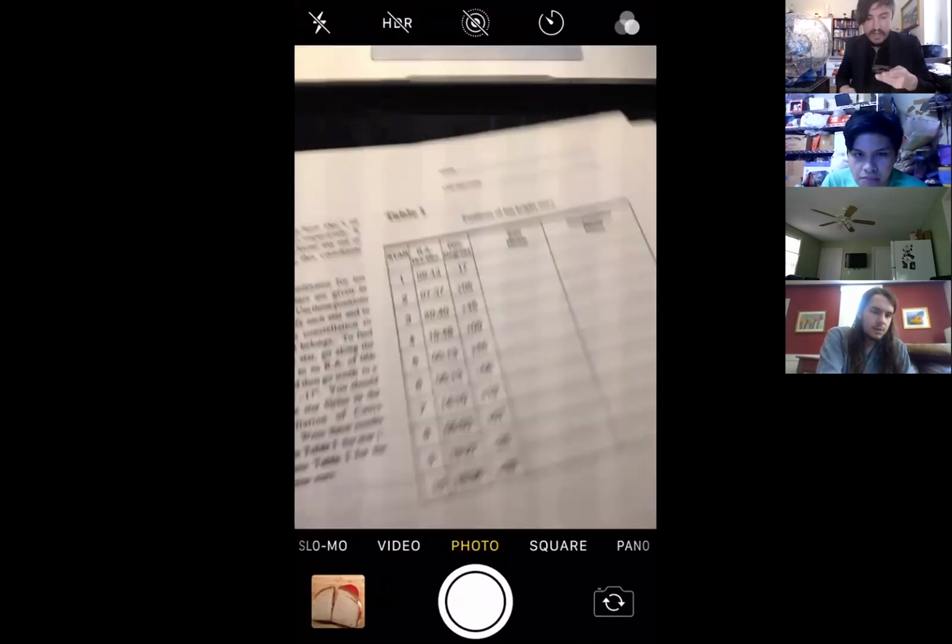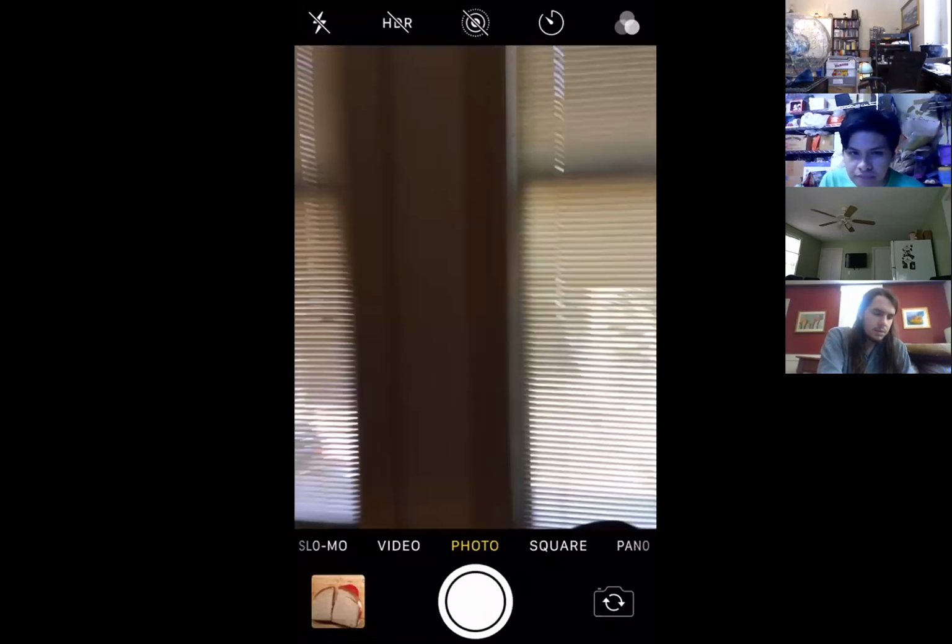Let's go to my phone and let's take a look. This is how we're going to navigate through our lab here today. You can see I've got the celestial sphere set up. I probably need to work on my illumination a little bit because it's a bit dark. So let me open up the blinds here.